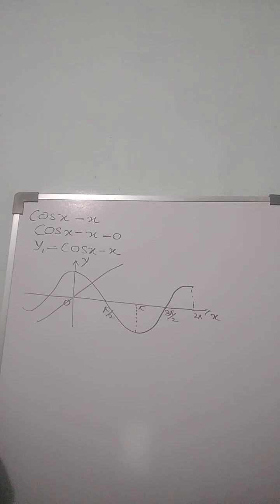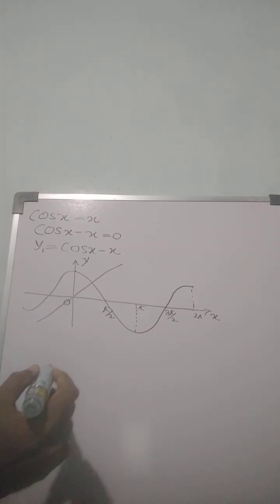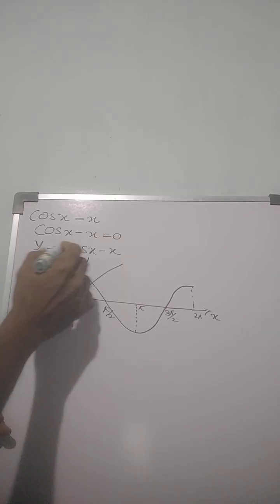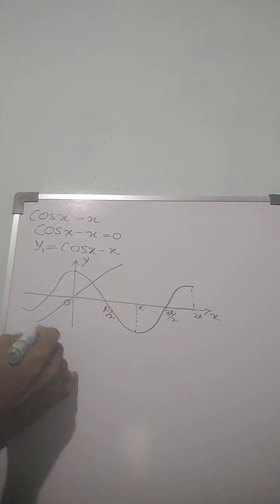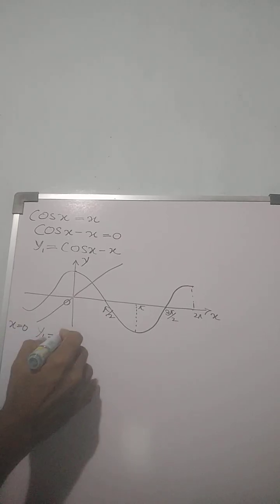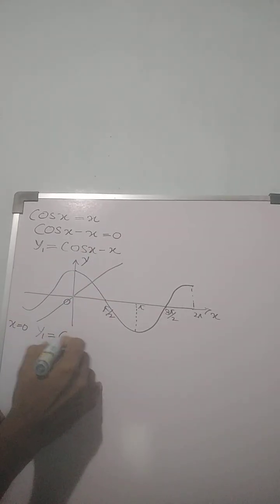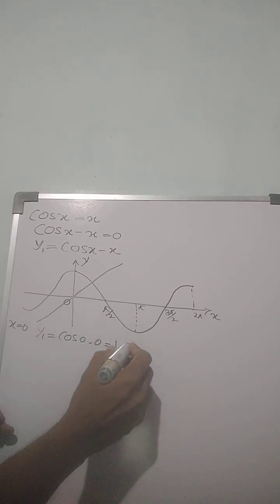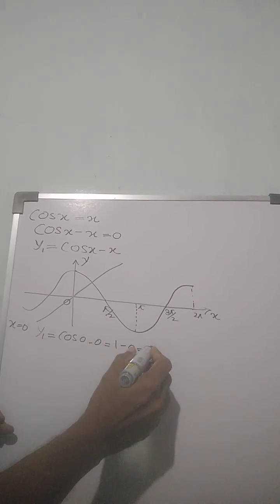Now how do we find the solutions? When x equals 0, y1 is cos 0 minus 0. Cos 0 is 1, so y1 is equal to 1.